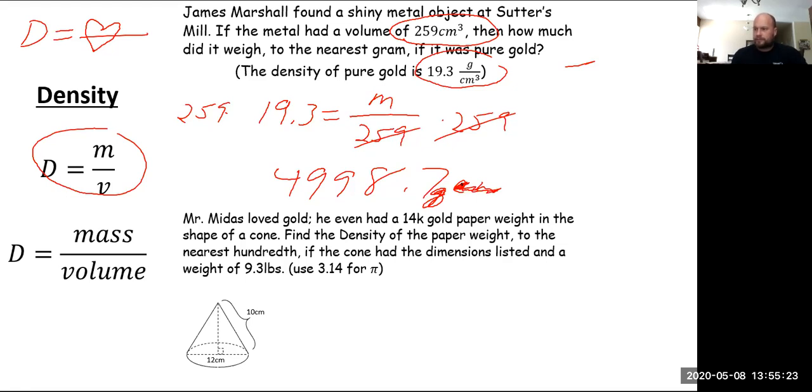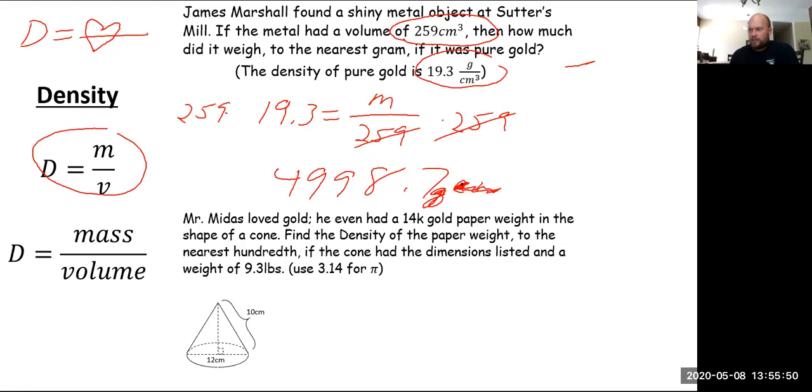All right. The next one: Mr. Midas loves gold. He even had a 14-karat gold paperweight in the shape of a cone. Find the density of the paperweight to the nearest hundredth if the cone had the dimensions listed and a weight of 9.3 pounds. Now, there are different ways that you can measure gold.